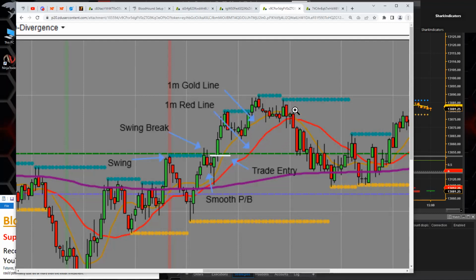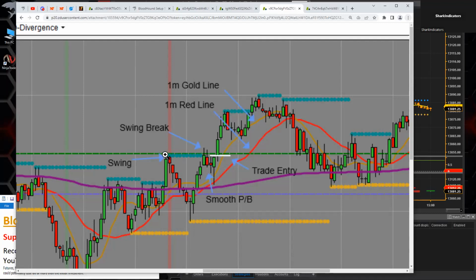Let's see here. Yeah, let's just pretend that this was supposed to be a smooth pullback. We can see that this high is higher than the previous bar high. So that high would have violated the smooth pullback. And so that would have kind of canceled the trade there. Let's see here.